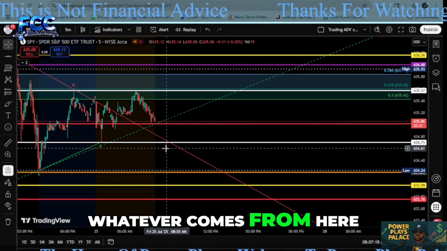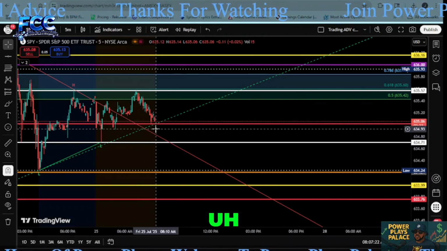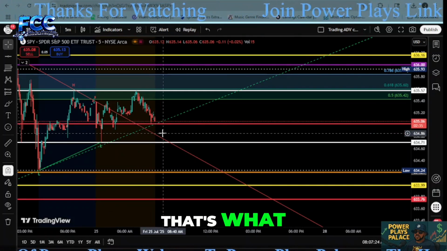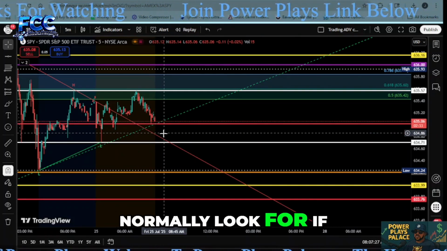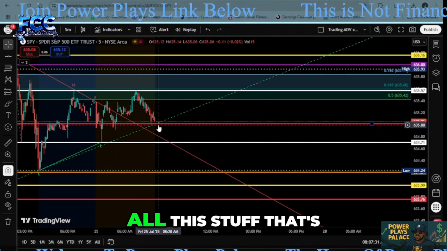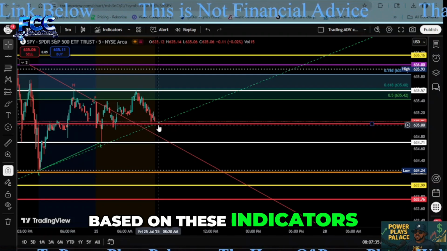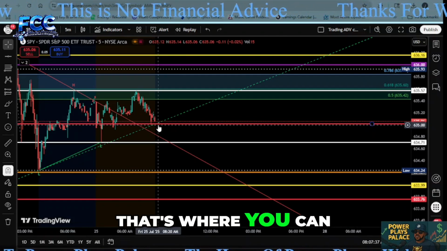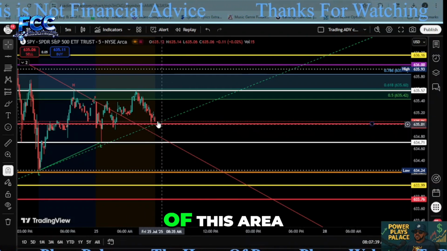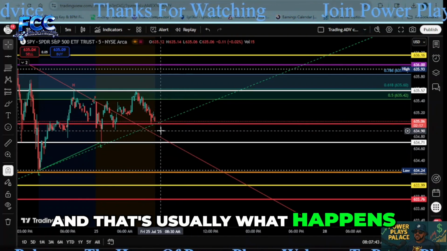So whatever comes from here is probably going to be a strong move, just based off of regular trading rules. Because of this wedge and all the stuff controlling the way it's moving based on these indicators, once it breaks out of this area, there's going to be a big move one way or the other, and that's usually what happens.